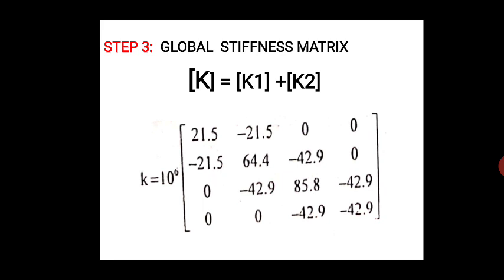So on combining the element stiffness matrices, we have K is equal to 10 raised to 6 times [21.5, -21.5, 0, 0; -21.5, 64.4, -42.9, 0; 0, -42.9, 85.8, -42.9; 0, 0, -42.9, -42.9].